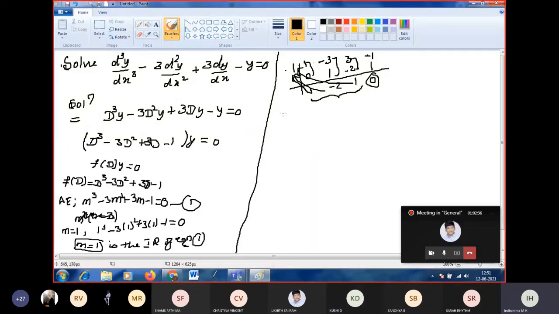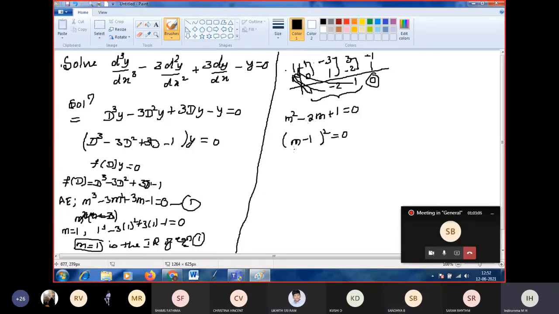m square minus 2m plus 1 equal to 0. So what is it? Directly we can write the quadratic equation as m minus 1 whole square equal to 0, since a square plus b square minus 2ab.